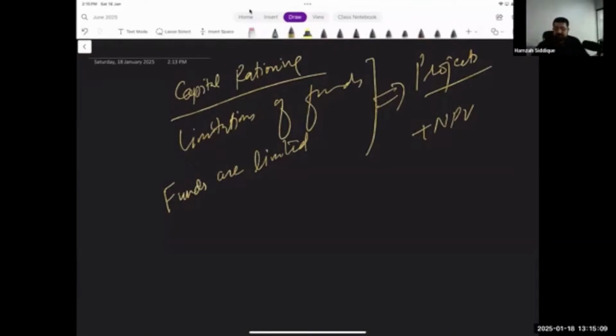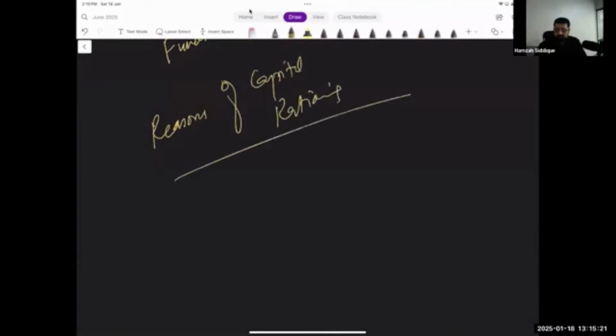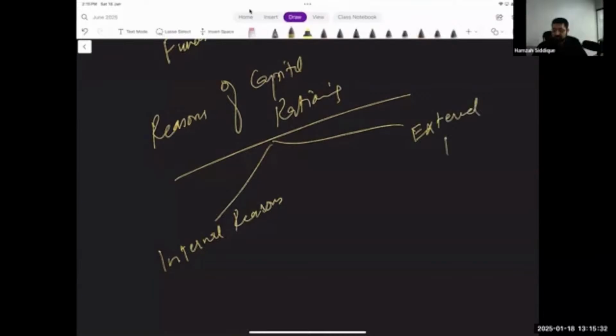Capital rationing may be because of two reasons. Internal reasons of the company or external factors. Internal reason is that we don't want to raise funds ourselves, our own decision, though funds are available in the market.